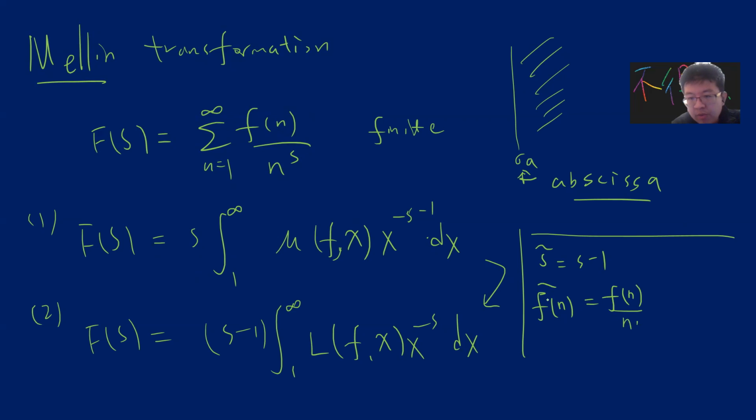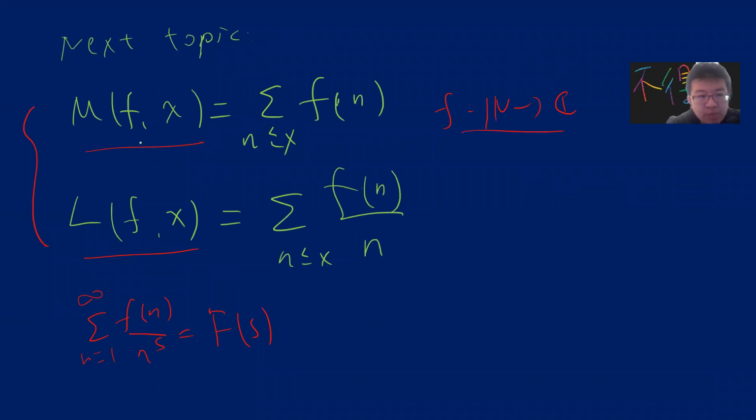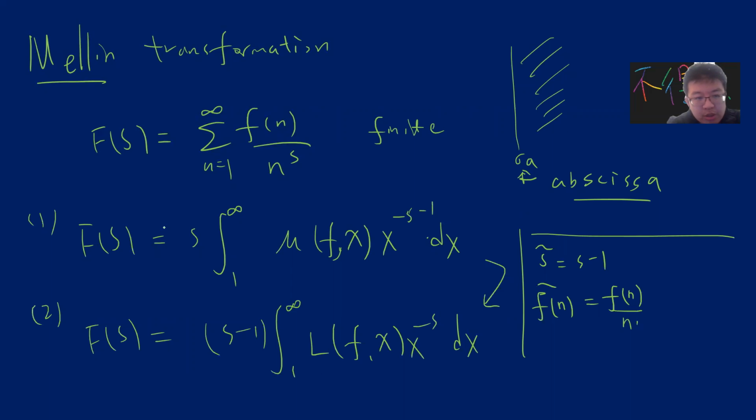If you do this and plug it back, you can see that M of f tilde at x will be L of f at x. Let's say you already proved the first one. Now you can do what?